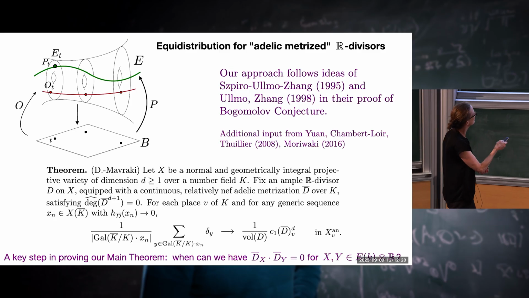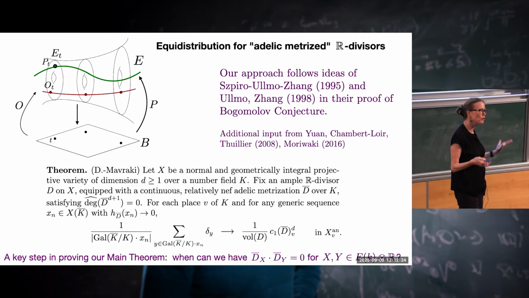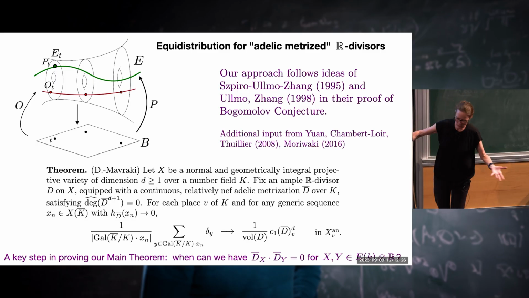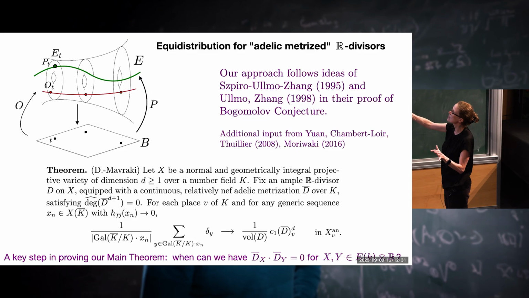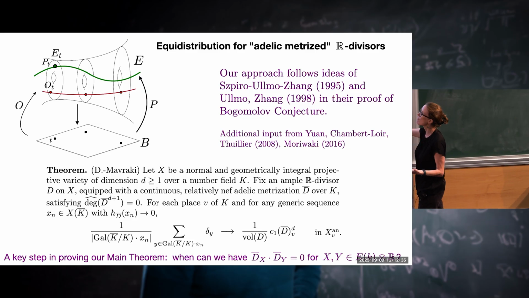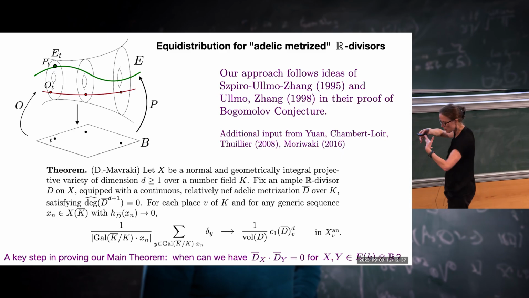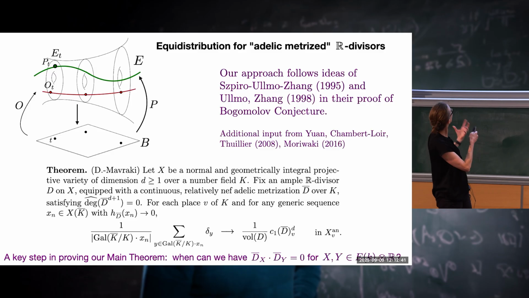It satisfies some normalization, and the conclusion is that the Galois orbits of small points are uniformly distributed with respect to some associated measure, exactly the same as they are, this is sort of an exact copy of, for example, the theorem in Xinyi Yuan's thesis, where he gives this statement for actual line bundles.